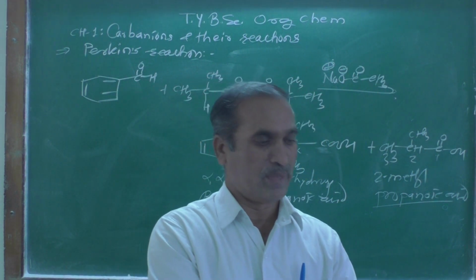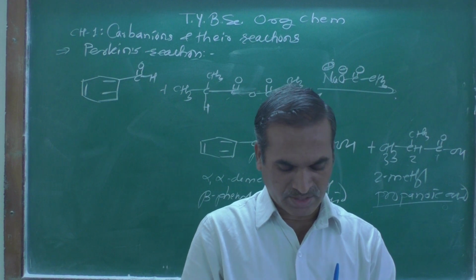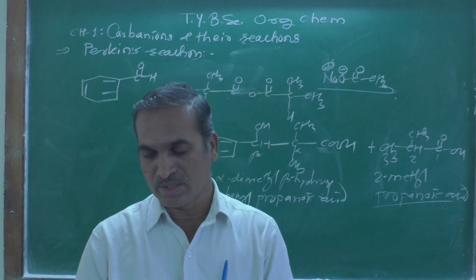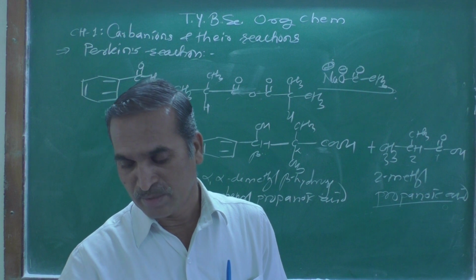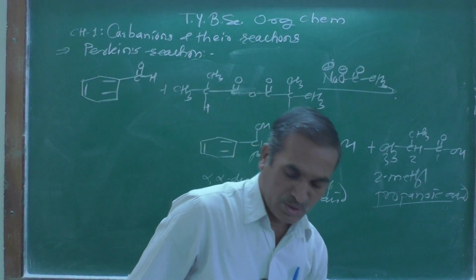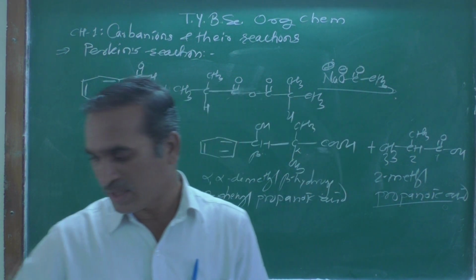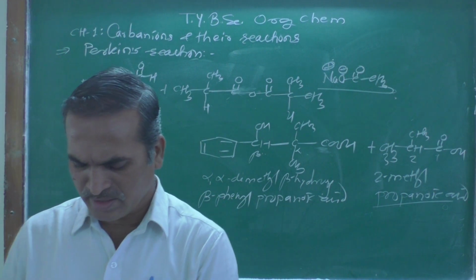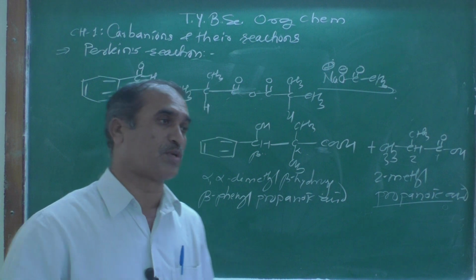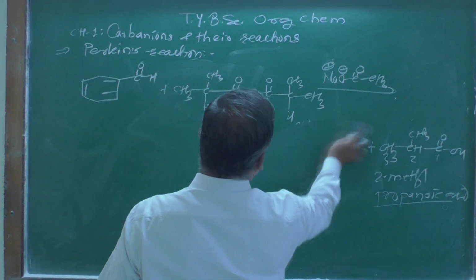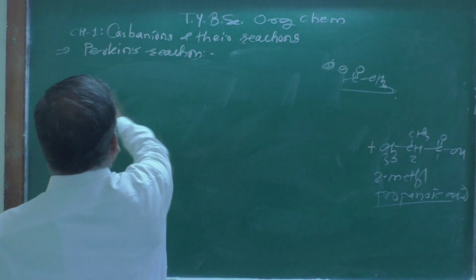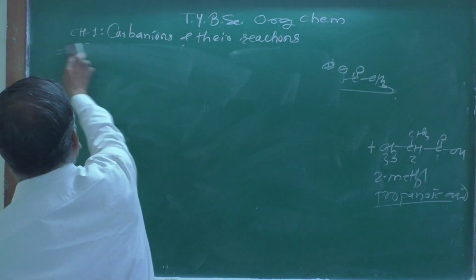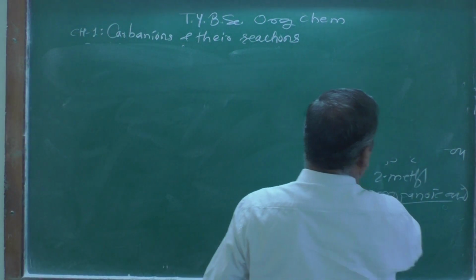At that moment you have to describe it, or give the reason. After that we are going to learn about carbanion in nucleophilic substitution reaction, right? That is the thing we are going to learn over here. This is about the Perkin reaction.